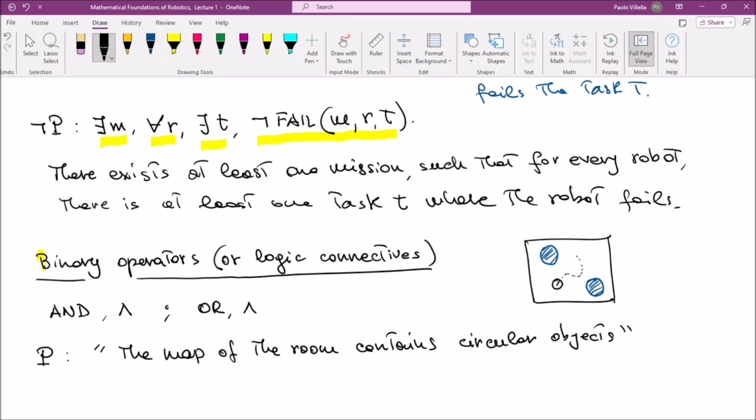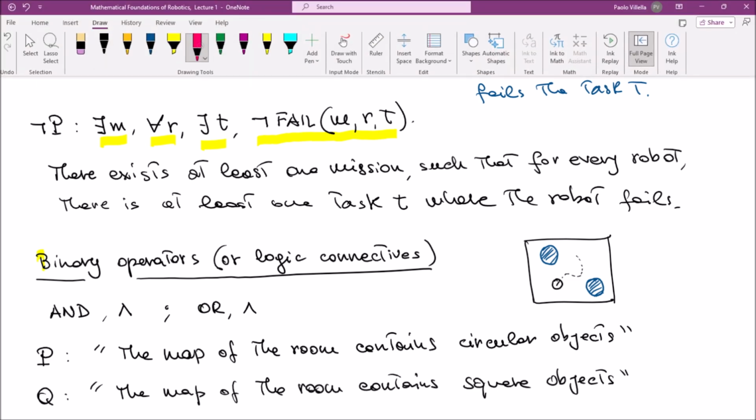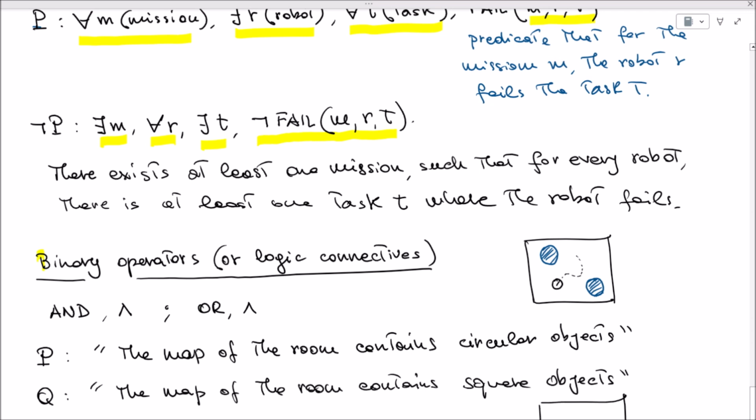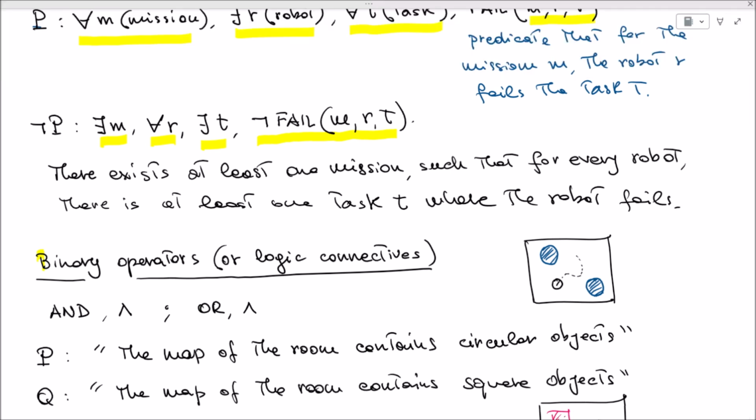Then we have another proposition Q that says the map of the room contains square objects. Okay, so we are saying now that the map only contains square objects.